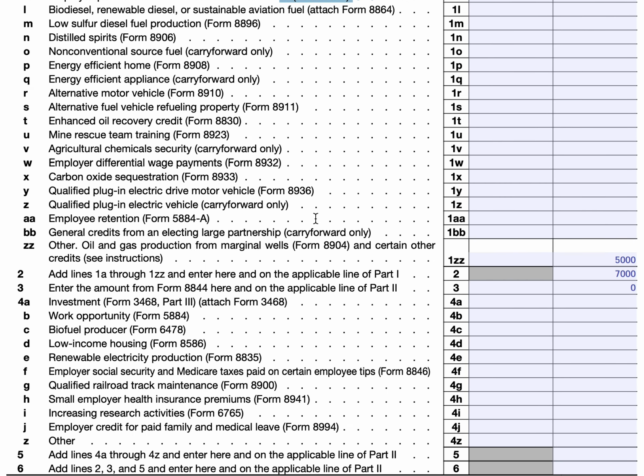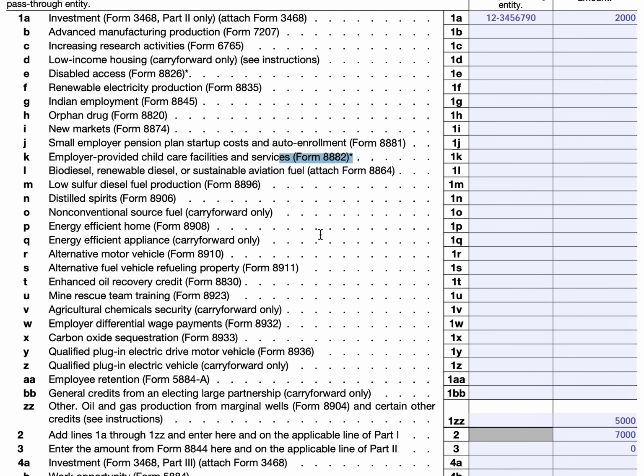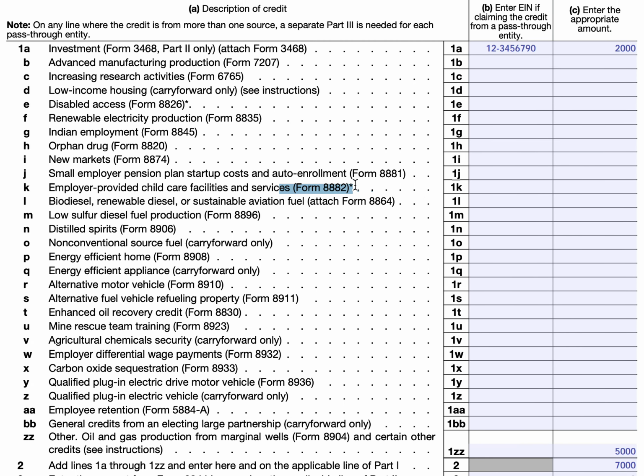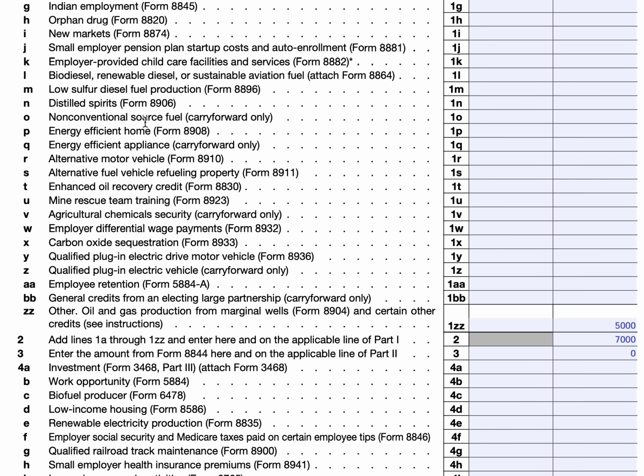So these dollar limitations are annotated with an asterisk. You can see one here, you can see one here, so pay attention to the dollar limits and then any additional guidance in the form instructions, because they'll actually tell you where to get the exact line items.